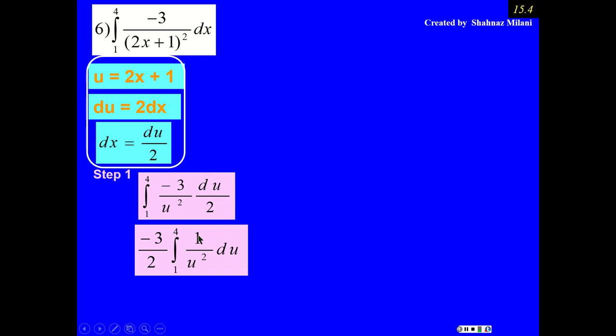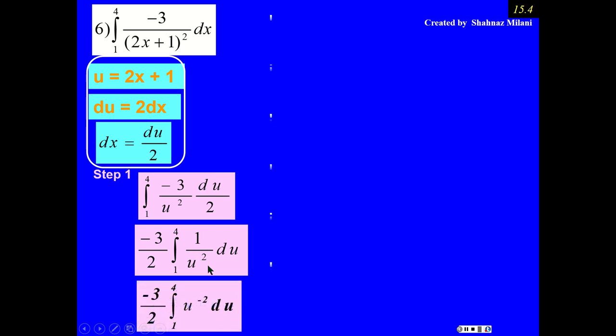The numerator is a constant, the denominator has exponent 2. That means I am not dealing with the natural log. Get rid of the quotient rule, move the u to the exponent 2. As a numerator it becomes minus 2 as an exponent.